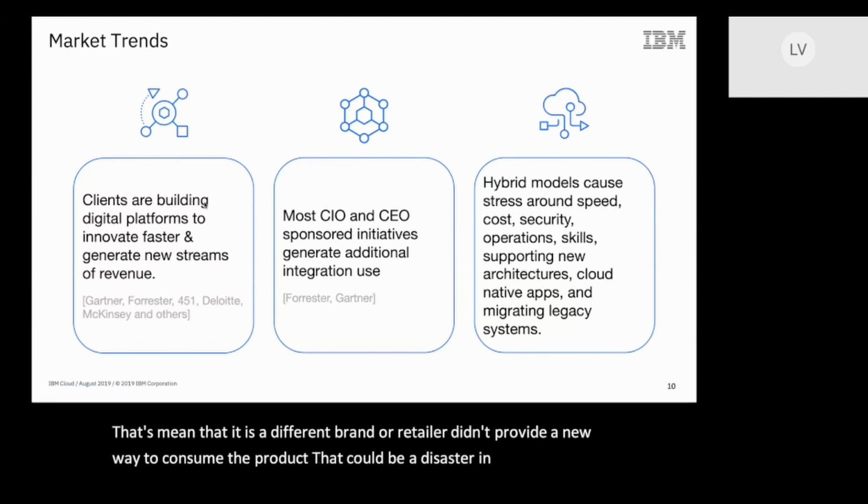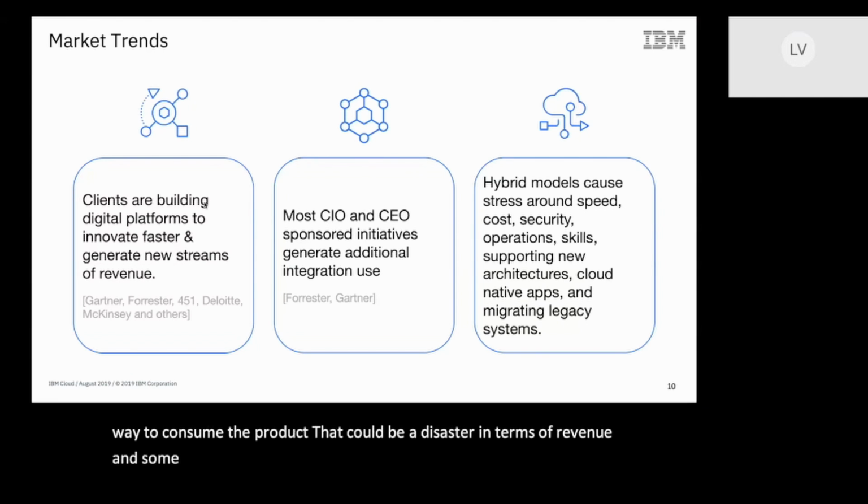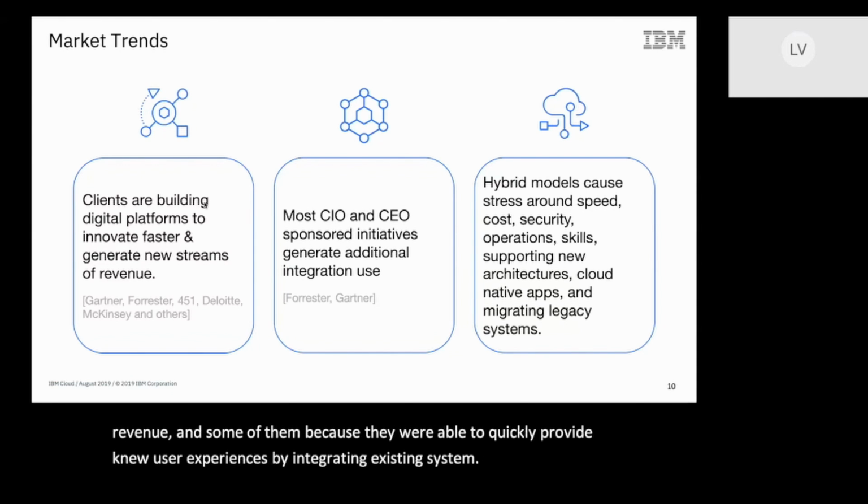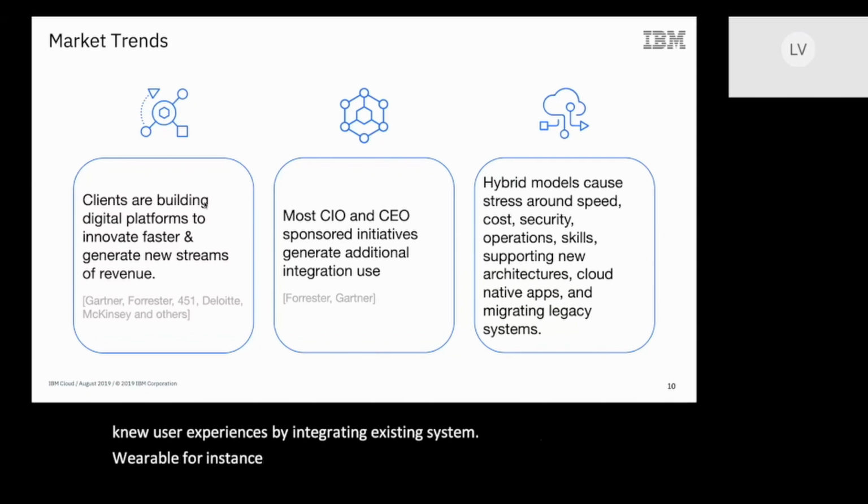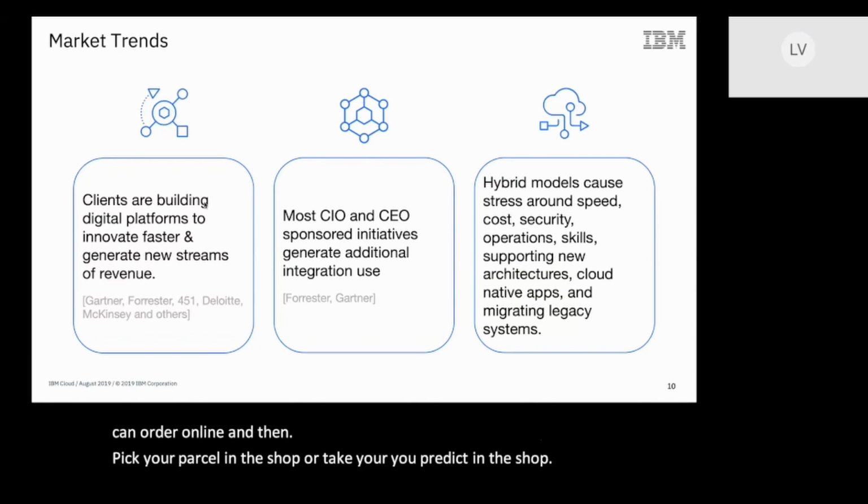Some of them, because they were able to quickly provide new user experiences by integrating existing systems, were able, for instance, to propose click and collect. You can order online and then pick up your parcel in the shop, or take your products in the shop. This is what we call click and collect.